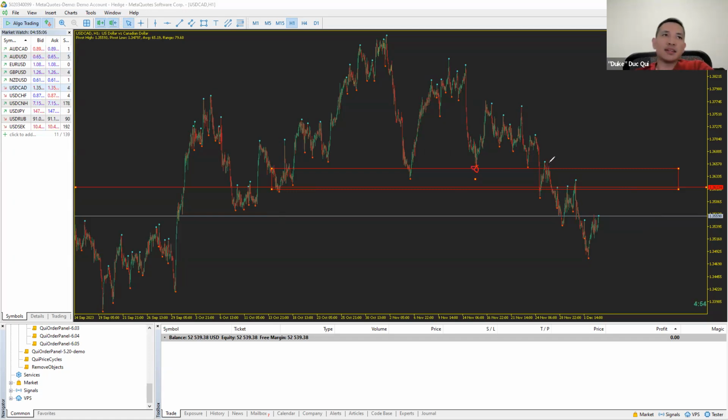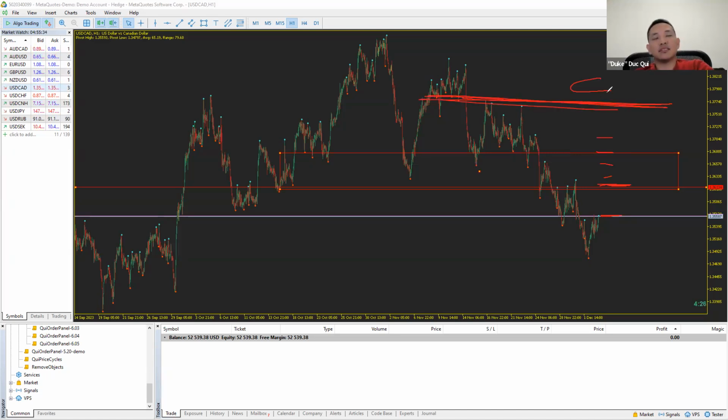Now, depending on how you draw it, you could stretch it to here, or you could even go to here, and so it's based on how you want to short the market. So if you want to sell the market, you can say, hey, I want to sell here. I want to sell here. Maybe add a sell here, light, add here, kind of thing, and then see you later.